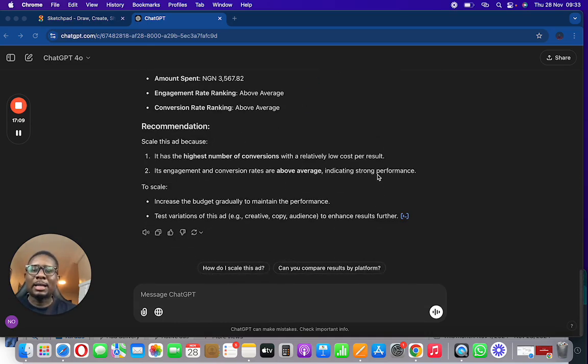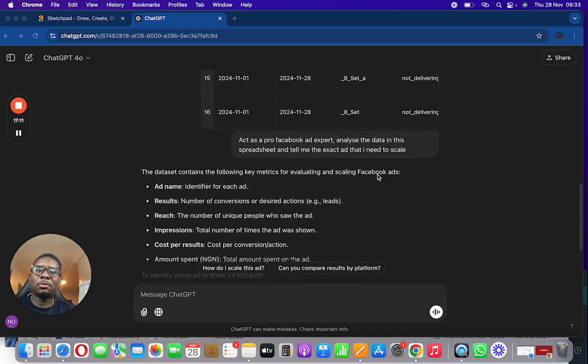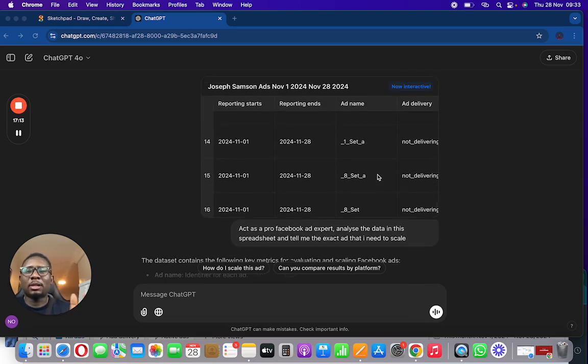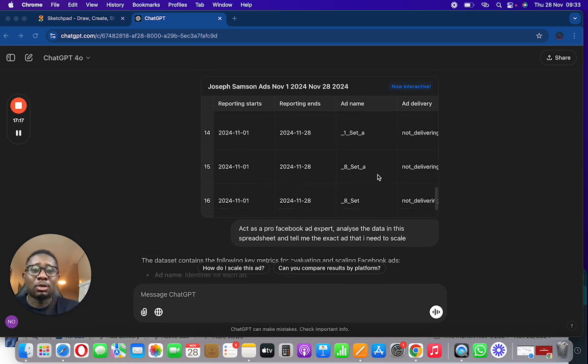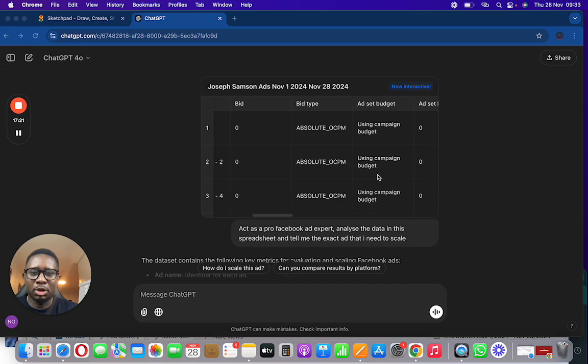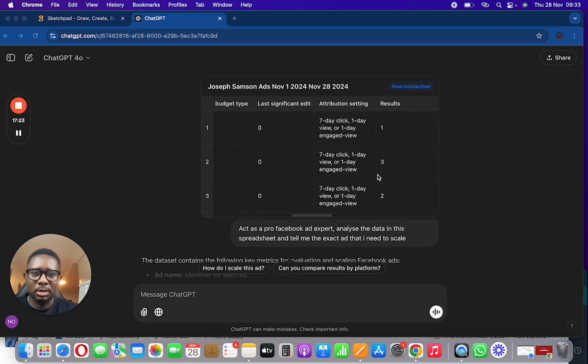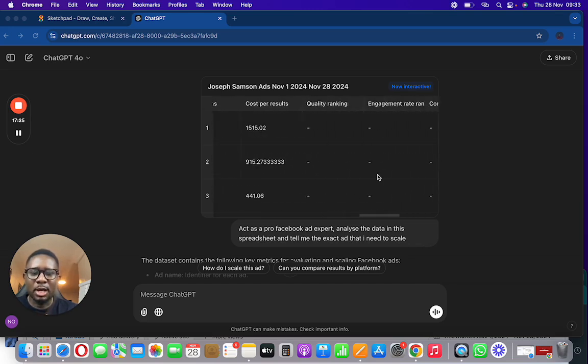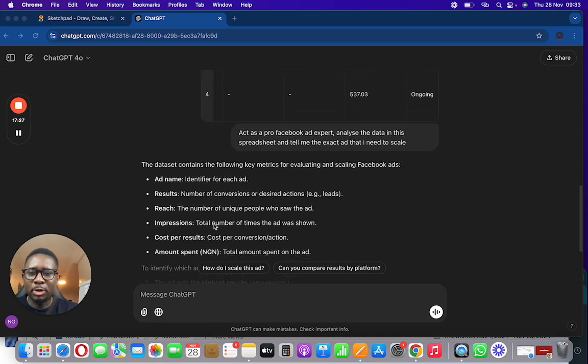Good. And with this, ChatGPT has given me information on exactly the type of ad that I need to focus on. What ChatGPT did first of all was to extract all of the information from the ad, and then did a breakdown.